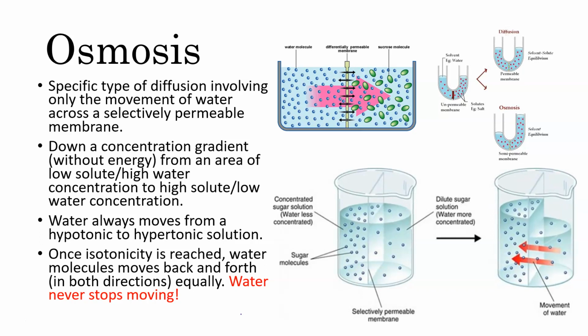Okay. Now, if we look at this image, it's doing exactly the same thing, only here the solute is sugar. We have a dilute sugar concentration, we have a concentrated sugar solution, and we have a membrane that runs right down through the middle.